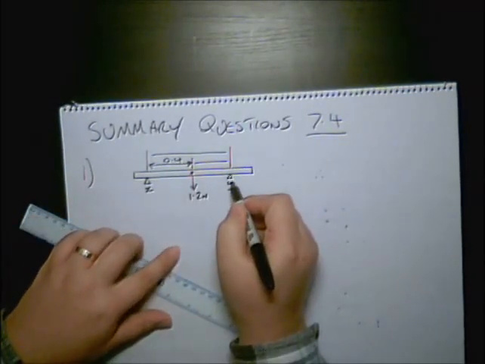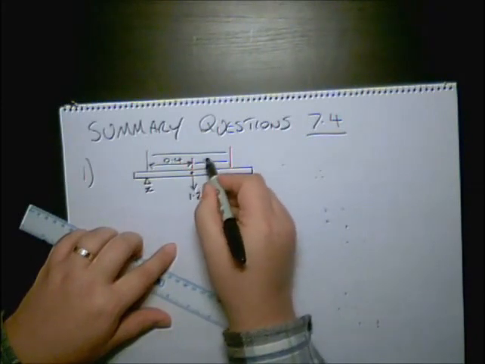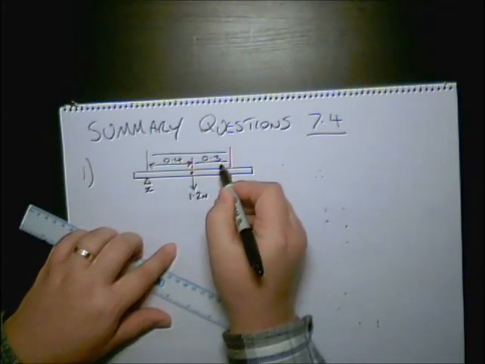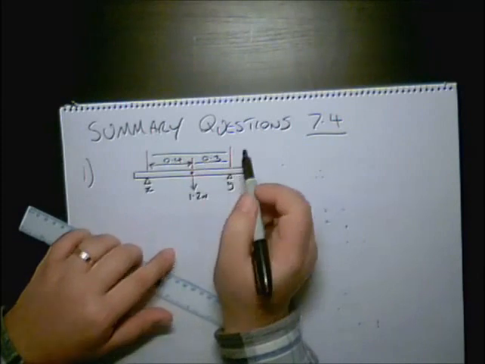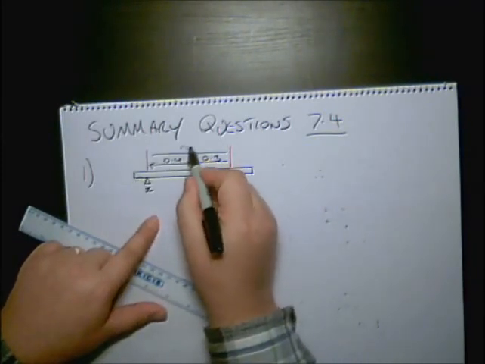Y here is at 0.8, this is 0.5, so this must be 0.3. And then the distance between the two, which we also need for these kind of questions, is 0.8 minus 0.1, 0.7.